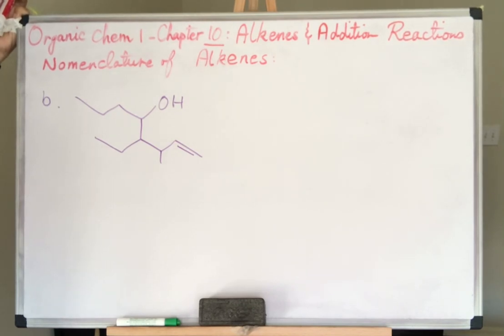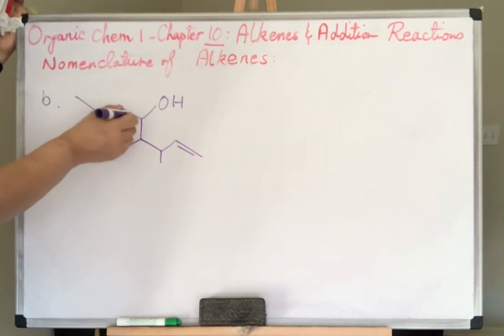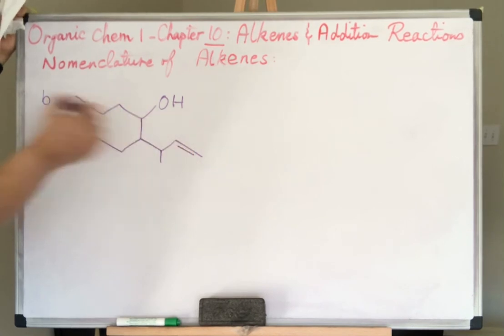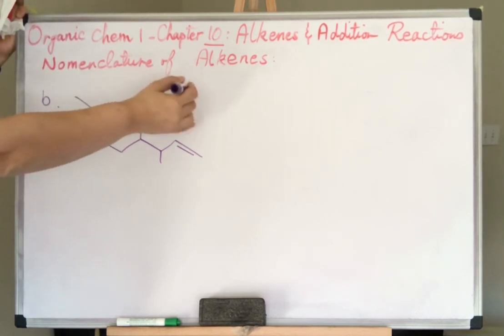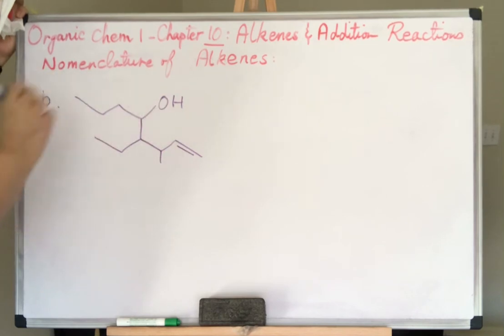So for B, first of all, we are supposed to find the longest chain that includes the double bond. So let's see. 1, 2, 3, 4, 5, 6, 7, and 8. Now, something here is that OH has priority over double bonds.